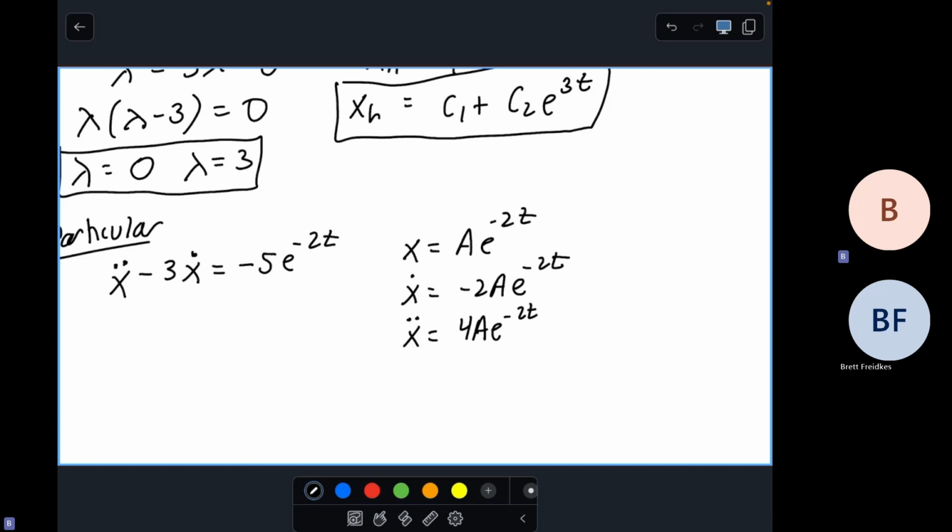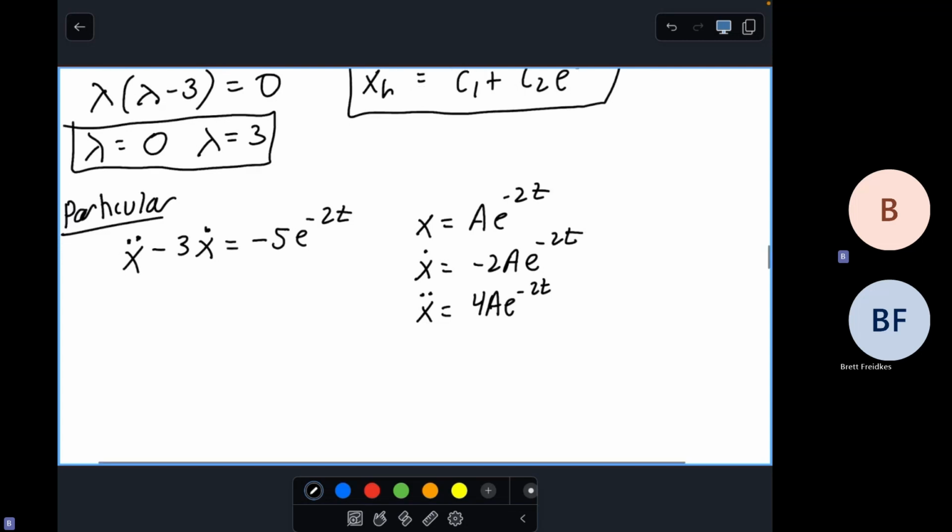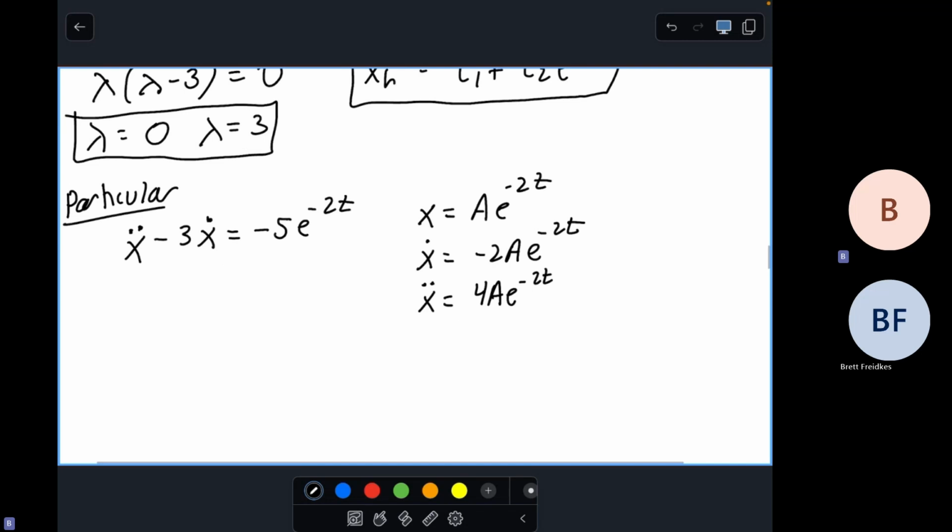So let's plug those guys in now. This will be 4a e to the minus 2t minus 3 times negative 2a e to the minus 2t. This whole thing equals negative 5 e to the minus 2t.